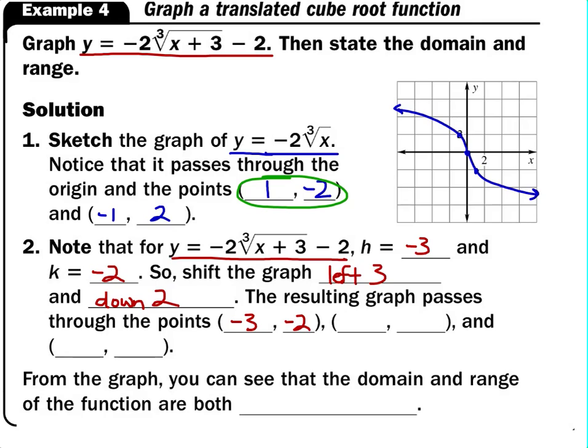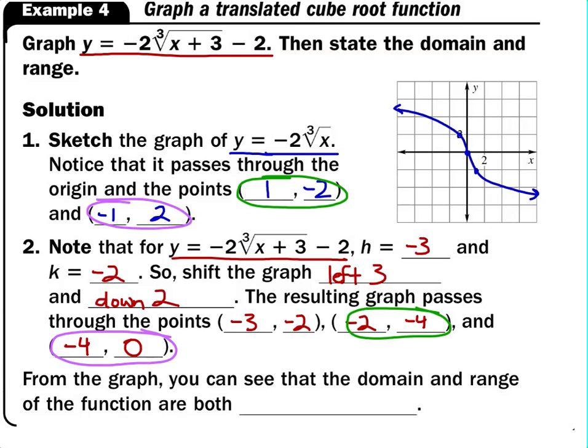So this is going to be at negative 2 comma negative 4. That's what you get for going left 3 and down 2 from the point above. And then there is this other point, negative 1, 2. Going left 3 and down 2 would be negative 4, comma 0. I've circled the points that should match up in matching colors.